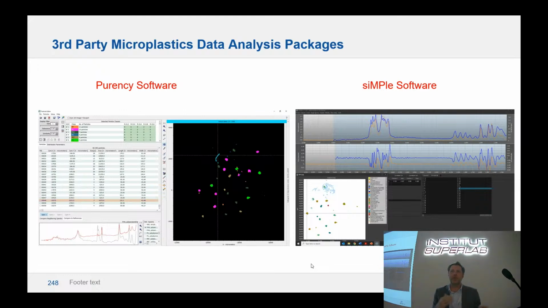But generally, a lot of people might use multiple techniques and want to use a third-party software. Simple is used quite regularly across the industry, I know in the UK and in Central Europe. It can take the output of a lot of instruments, including our own. You can put it in here and it will automatically give you the dispersion of polymers and their particle sizes.